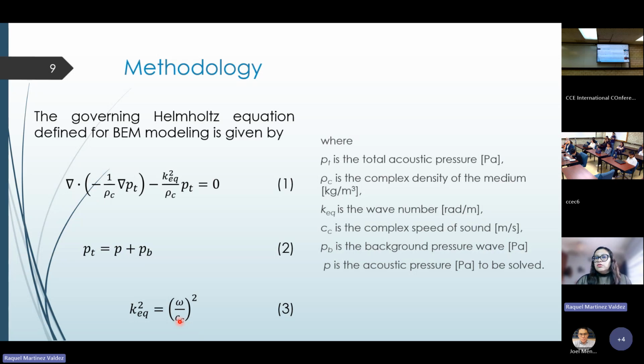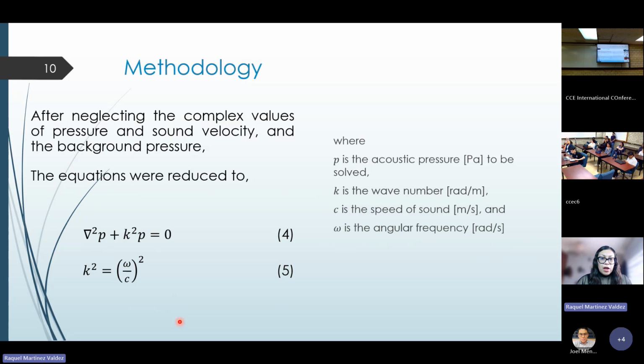But in our case, we are not using complex values, and also we are not using a background pressure. So the equation is reduced to this one, that is usually used in FEM modeling for time harmonic models or frequency domain.